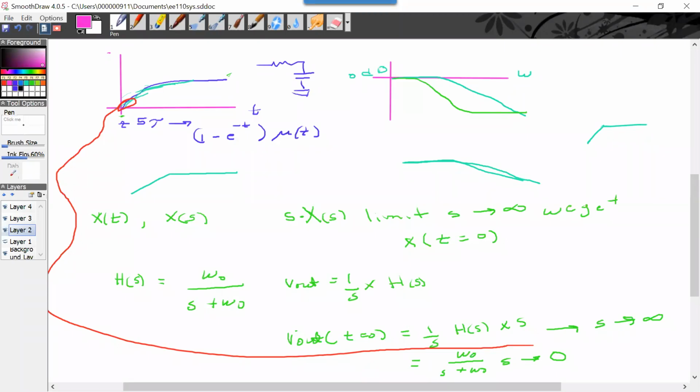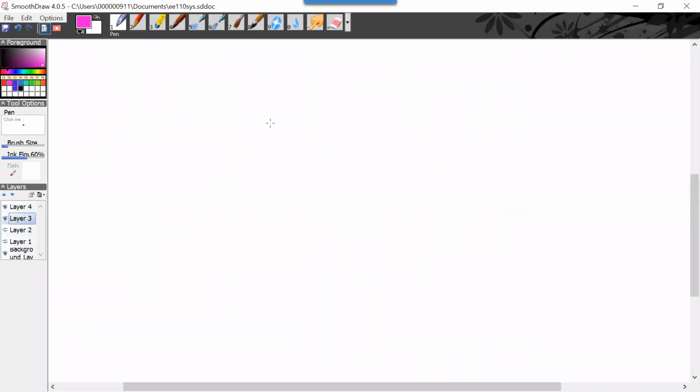Now what if we want X as t goes to infinity? Same thing: S times whatever the signal is in S, but now we let S approach 0.